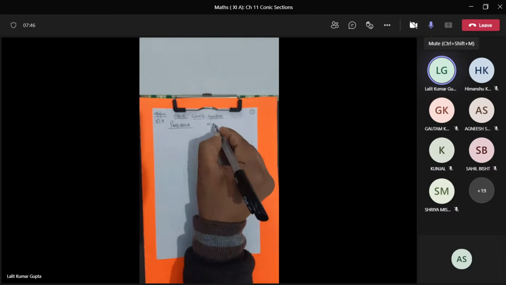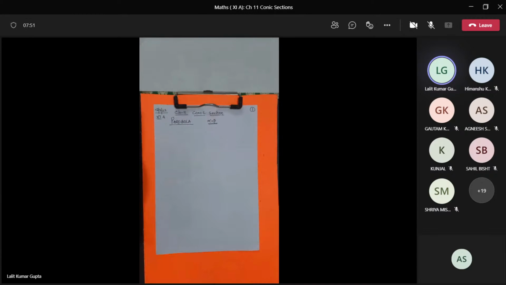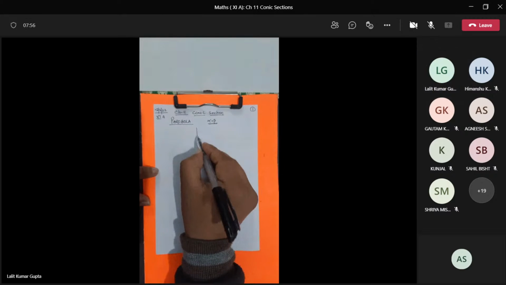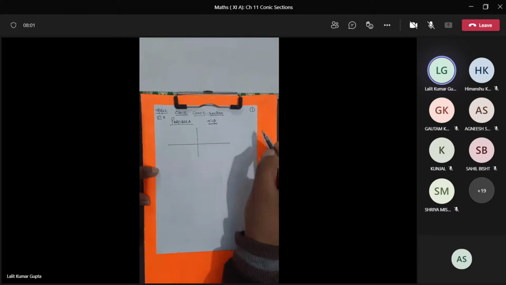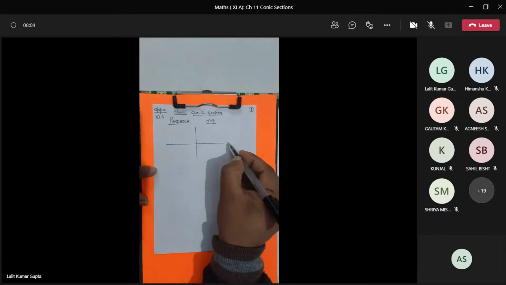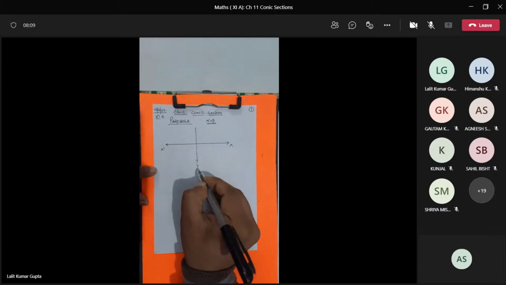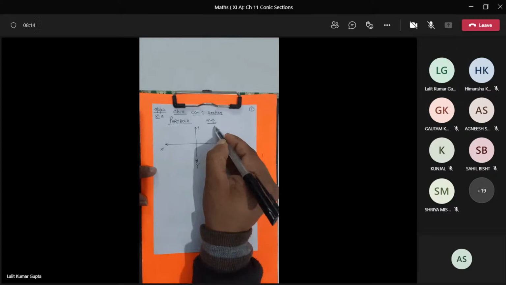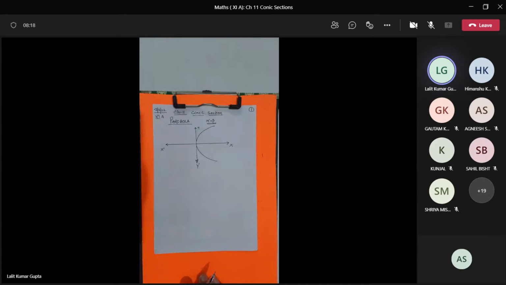When alpha and beta are equal, then we'll get a parabola. So parabolic shape is what? This is the parabola, beta. This is your x-axis, y dash, y, and this is the parabola. This is the parabolic shape, right?